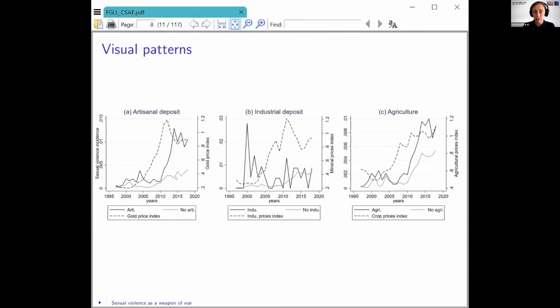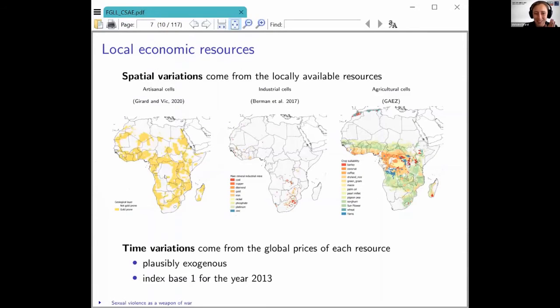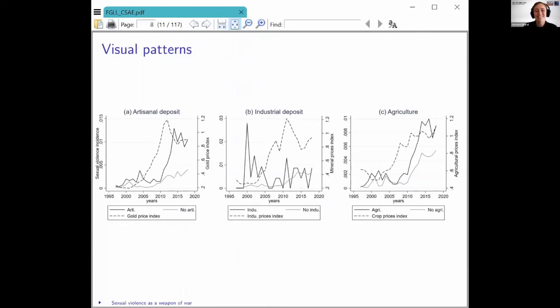And in black, we have the average incidence of sexual violence for each year in the cells that are in yellow, so that are prone to hosting artisanal mining. The dashed line tells us the international gold price over the period. And we can see that there's a clear discrepancy appearing between the incidence of sexual violence in cells with and without artisanal mines, and that this discrepancy appears to follow, with a few years' lag, the international gold price.